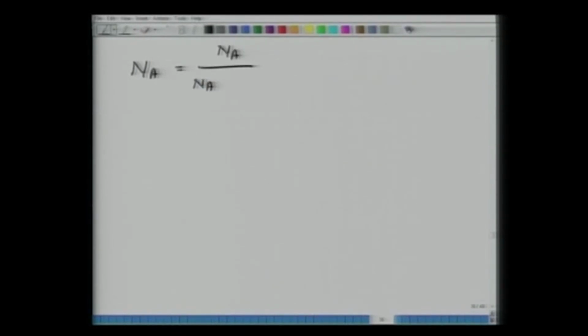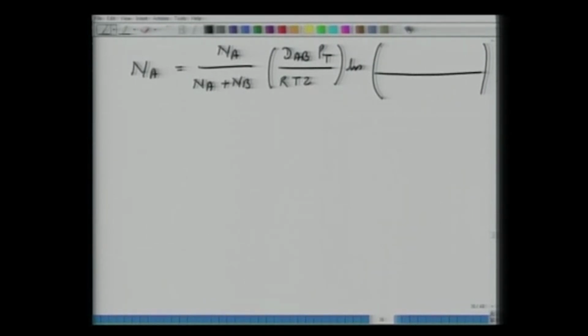So let us go back to the integrated equation which we had earlier obtained as Na equal to Na plus Nb, Dab C by Z. So instead of C we write Pt over RT Z, ln of Na over Na plus Nb minus Ca2 over C, over Na over Na plus Nb minus Ca1 over C. So this is the integrated equation.